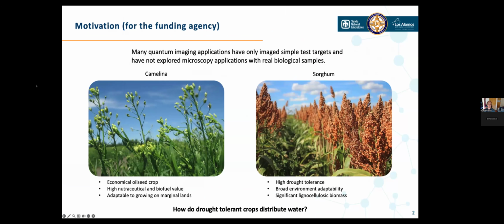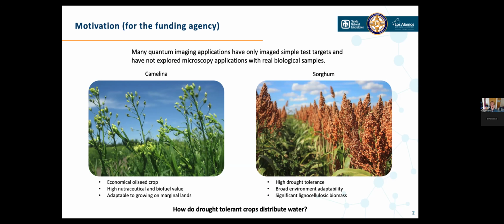Like all of us, we have to satisfy our sponsors, and one of the reasons we got this project running was a DOE BER grant that wanted to study drought-tolerant plants and understand the biology, the functionality of these things better with new imaging techniques. And so there's an interesting pairing here.